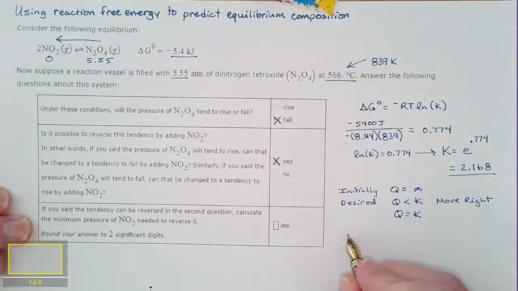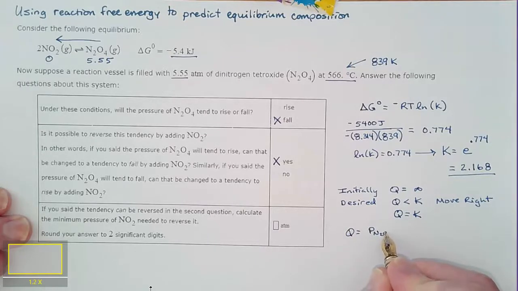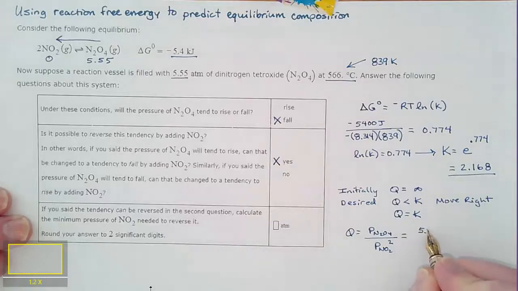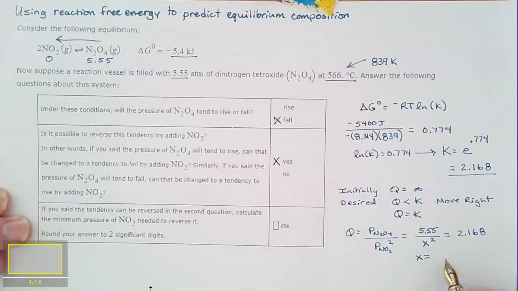So let's take our Q. Q is going to be the pressure of N2O4 divided by the pressure of NO2 squared. And we can plug in our values: 5.55 divided by x squared, we don't know what that is, and let's set that equal to K. If we solve for x, we find x is 1.60.